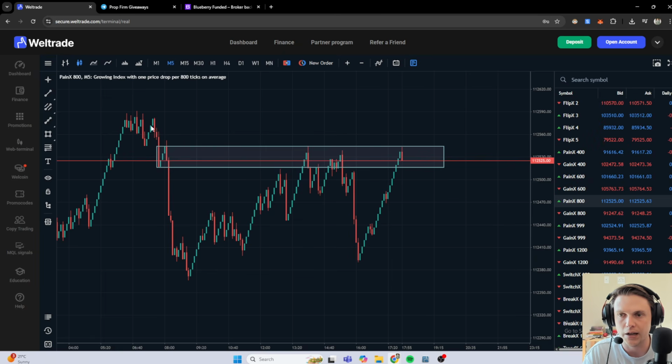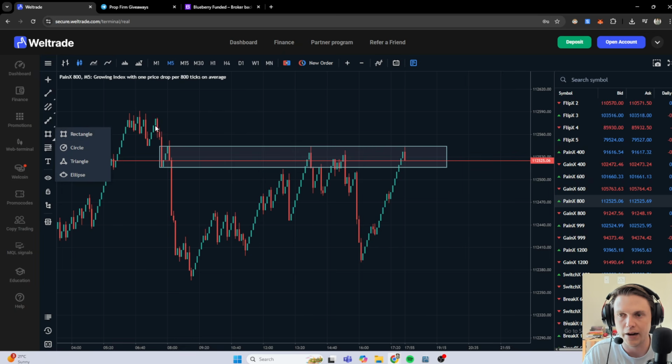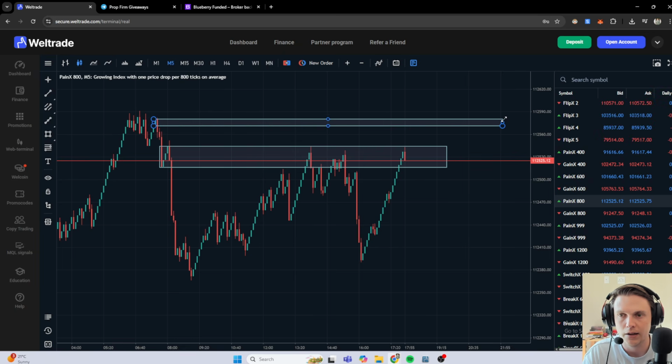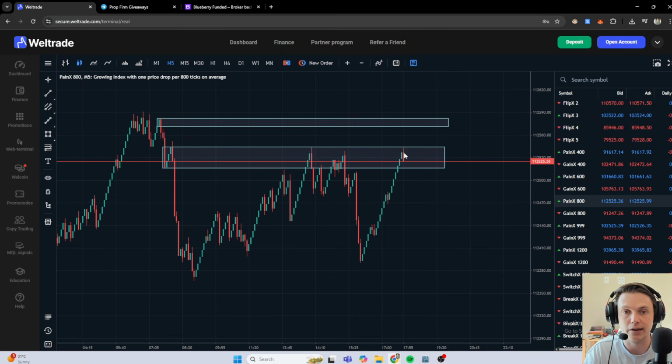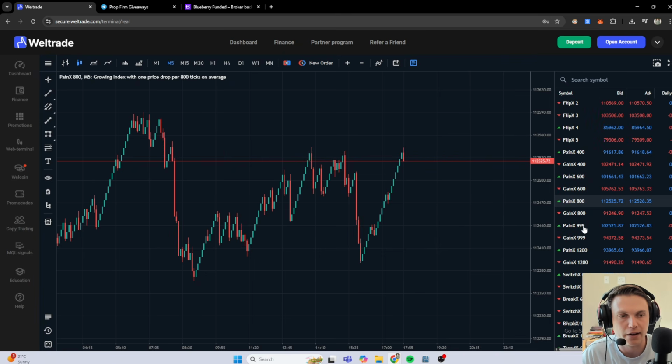Or you can see a move until here, but I highly doubt it will move down if it comes until here. It might just move further up. So we might be actually in a type of sell area currently, where it is now. This might be a sell zone for the third touch here. You can see it keeps on breaking these lows, so it might still be in a sell area. Interesting to see that on pain 800 right now.